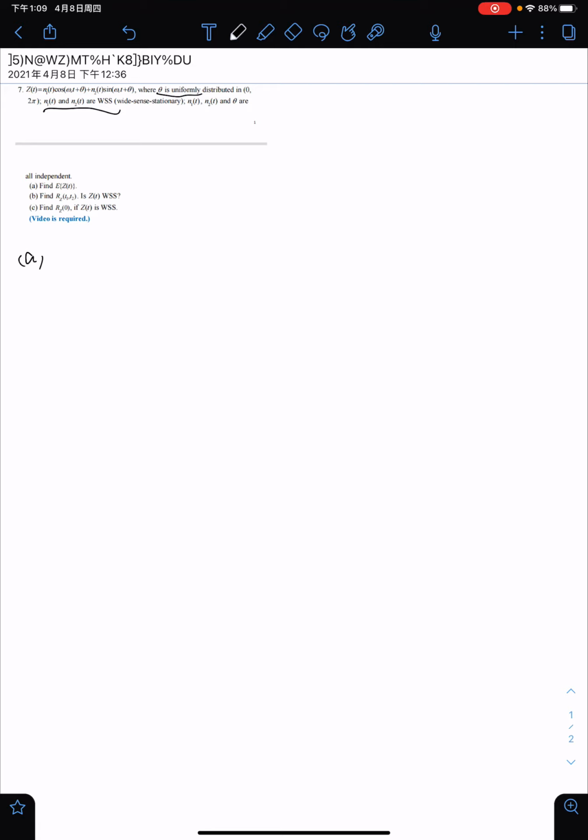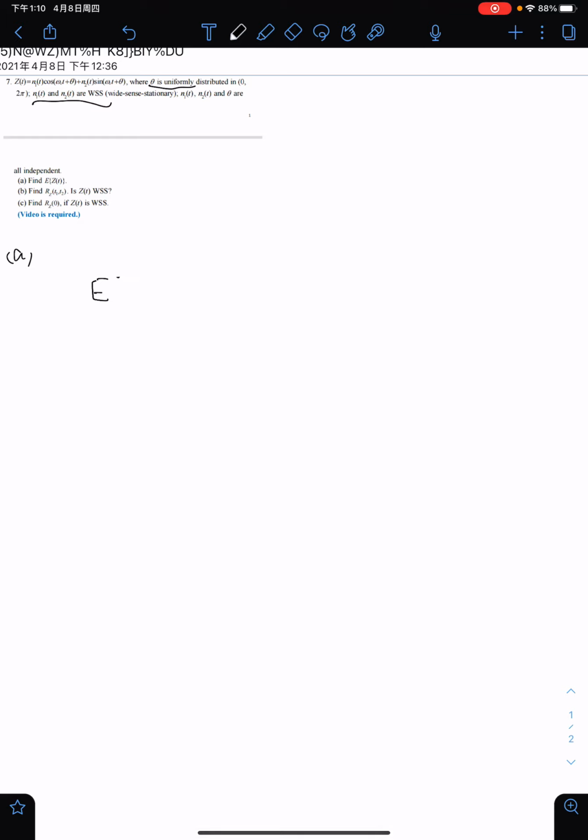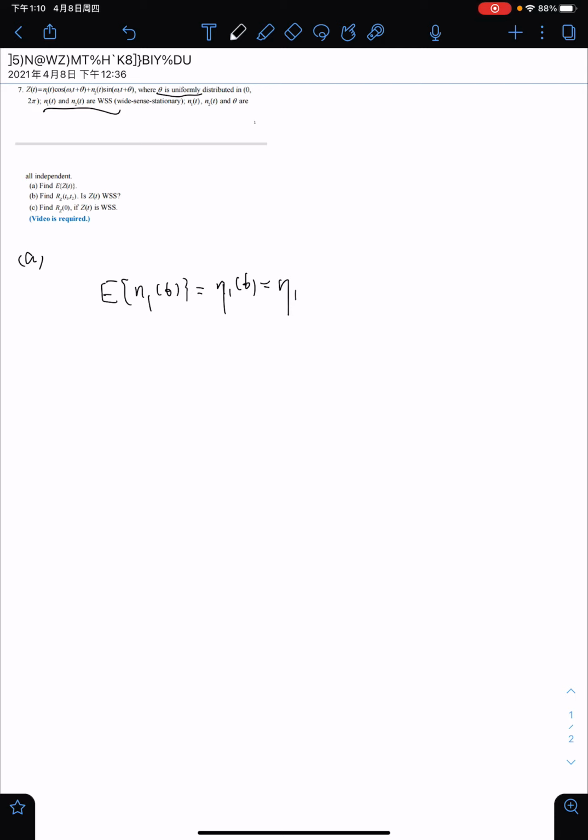First, we know n sub 1 t and n sub 2 t are wide sense stationary, which means the expected value of n sub 1 t equals its mean m1, and it's the same for n sub 2 t.